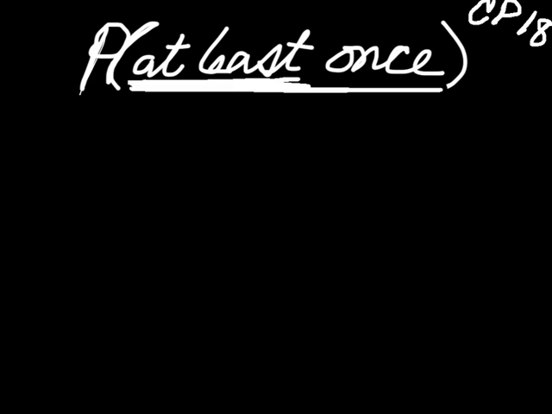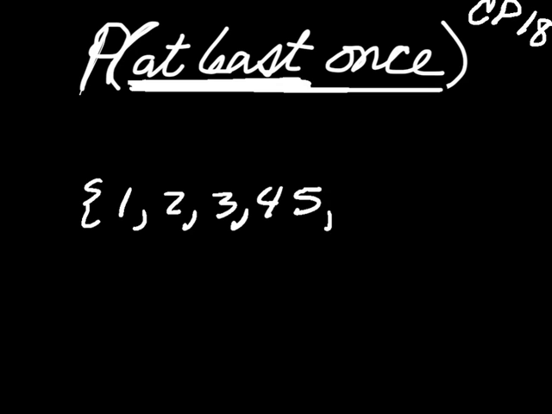Because I want you to think about this in terms of what it actually means. So suppose we have the numbers in a set that are 1, 2, 3, 4, 5, 6, and 7. And that's a set that I have.